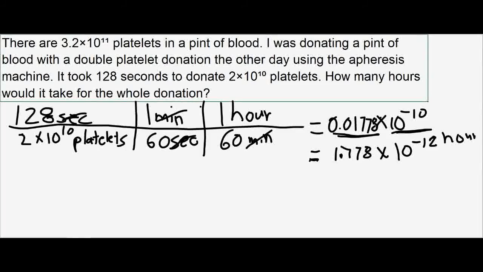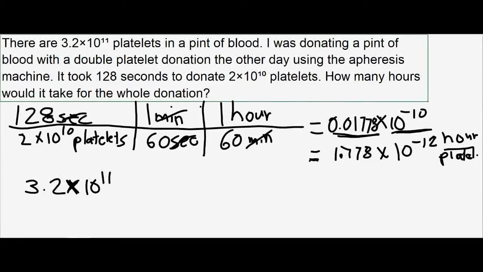So it takes a really small amount of hours to donate 1 platelet, which makes sense. Trust me, that says platelet. Because you're donating a lot of platelets at one time. So I need to donate 3.2 times 10. And you'll notice this is the one place where we use the x for multiplication.